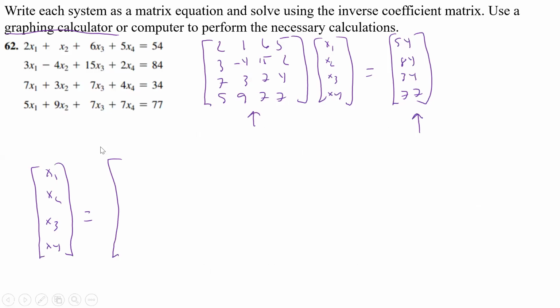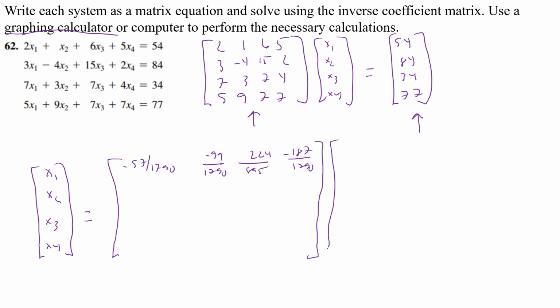So if we write down what they had, minus 57 over 1790, then we had a minus 99 over 1790, then we had a 224 over 895, and then we had a negative 187 over 1790. And hopefully that's big enough for everything.